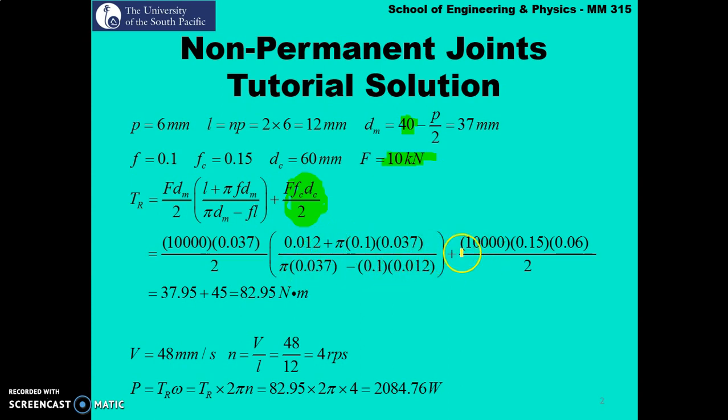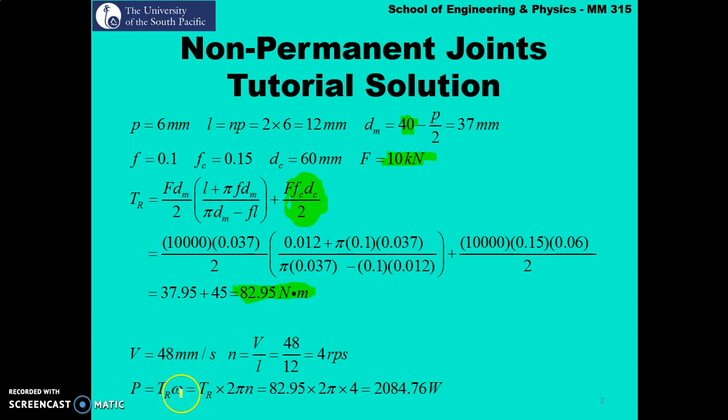Then the coefficient of friction for the collar was 0.15. The frictional diameter of the collar was 60 mm, converting it to meters. Substituting these values into the equation, we obtain that the torque required to raise the load is 82.95 Newton meter.